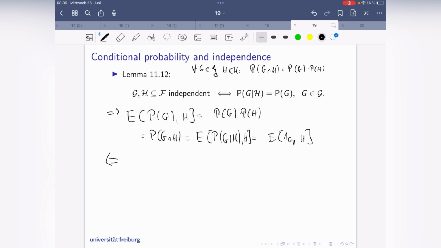The other direction, if the conditional probability of G given ℋ equals P(G), why are then they independent?